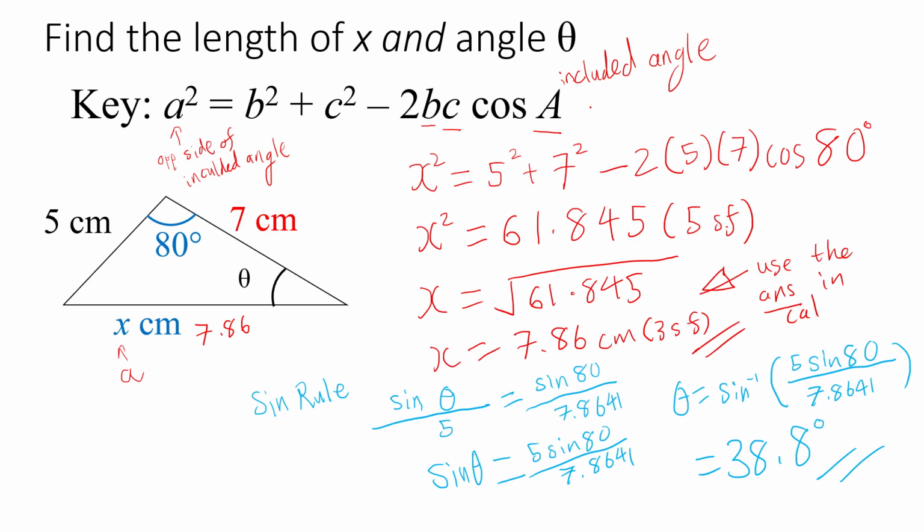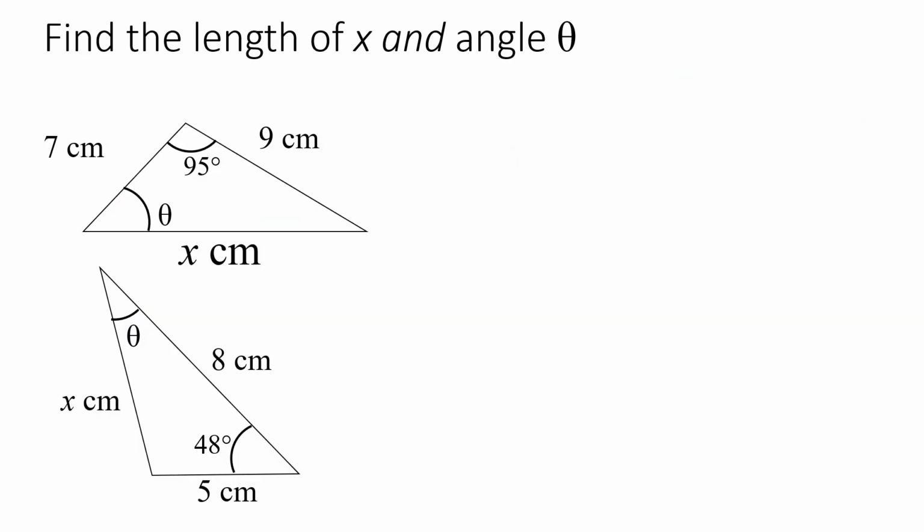So what we learned today is cosine rule. And this is what we learned in the last video, which is sine rule. So copy this down. And now that you have finished copying, let's try out these two questions on your own. The first question and the second question are the same. You're supposed to find x as well as the angle theta.